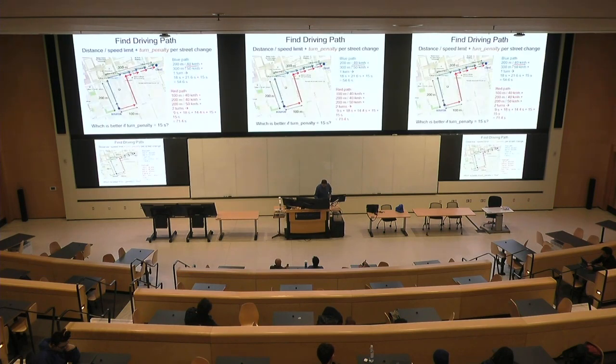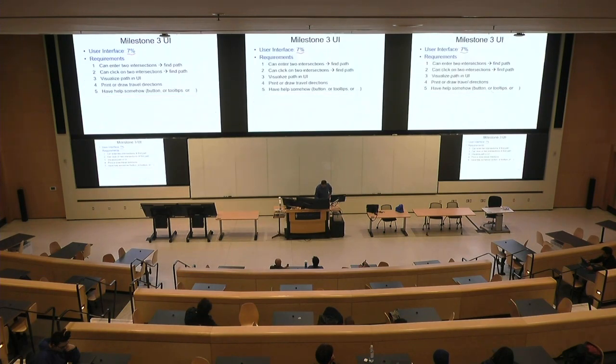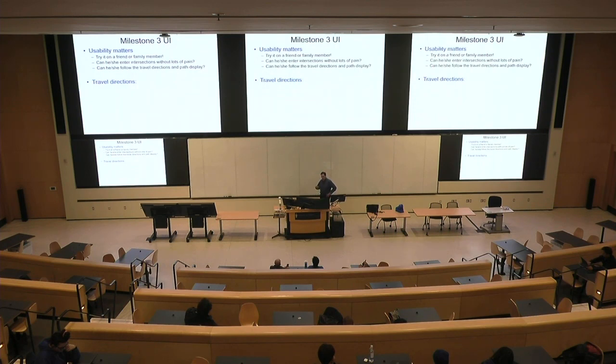Okay, so that's all your required features for the user interface. And we have a rubric to give you a little more guidance on how to do this. We don't just want you to meet those basic requirements, we also want you to try to make it highly usable. Good ways to test that are to test it on people who aren't the development team. So try it out on a friend or family member.